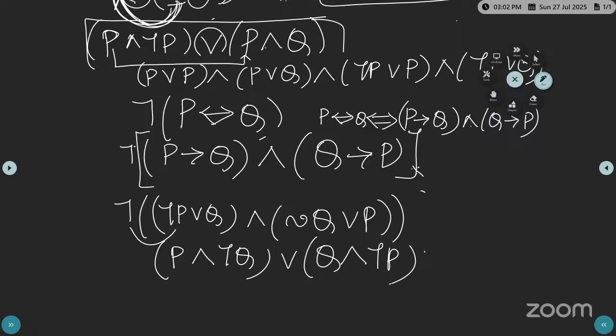Yes or no? After this, what should you do? Again use the distributive law and distribute them. The last problem is the same continuation here. So again see: P or Q, and P or negation P, Q or Q, and negation Q or negation P.